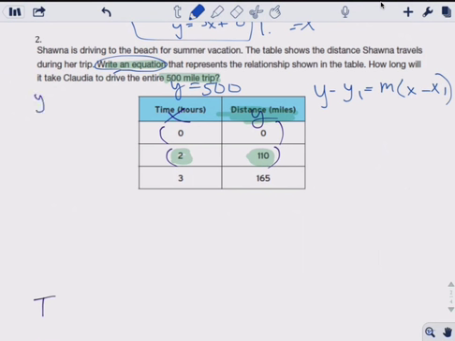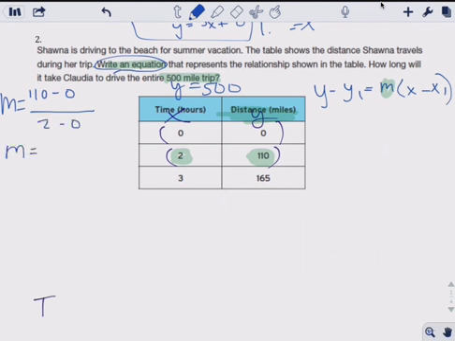So we need to find the slope right here. The slope is the change in y over the change in x. Change in y, 110 minus 0, and 2 minus 0.